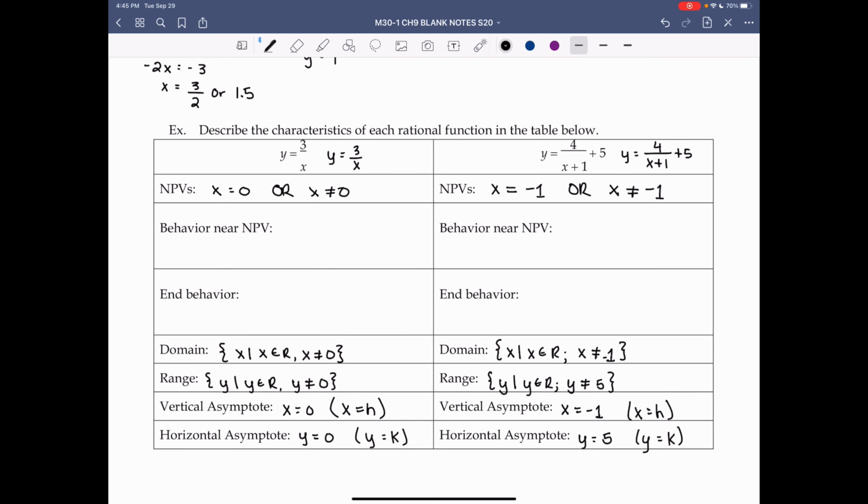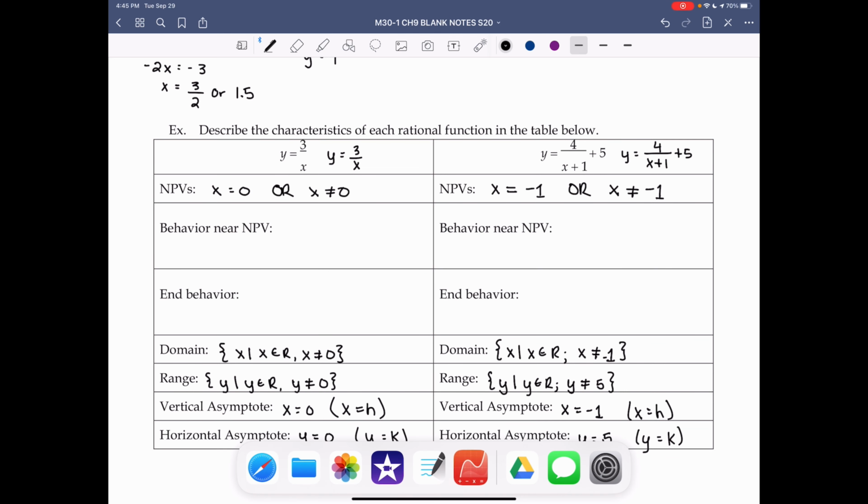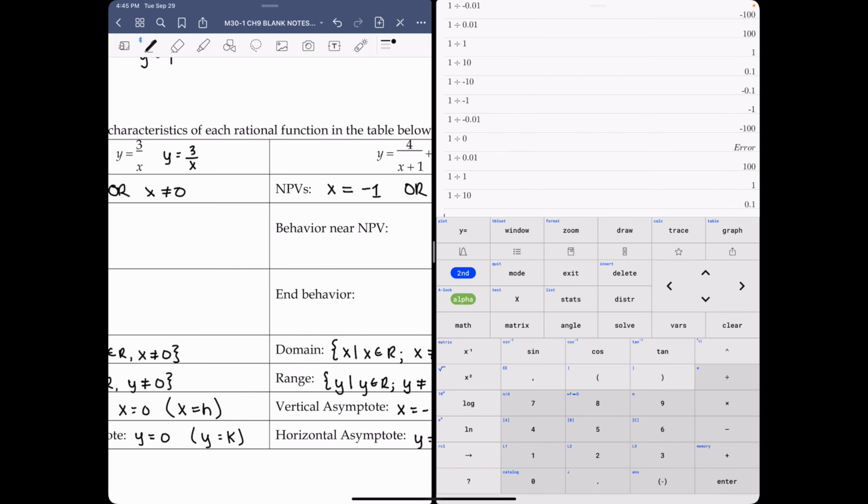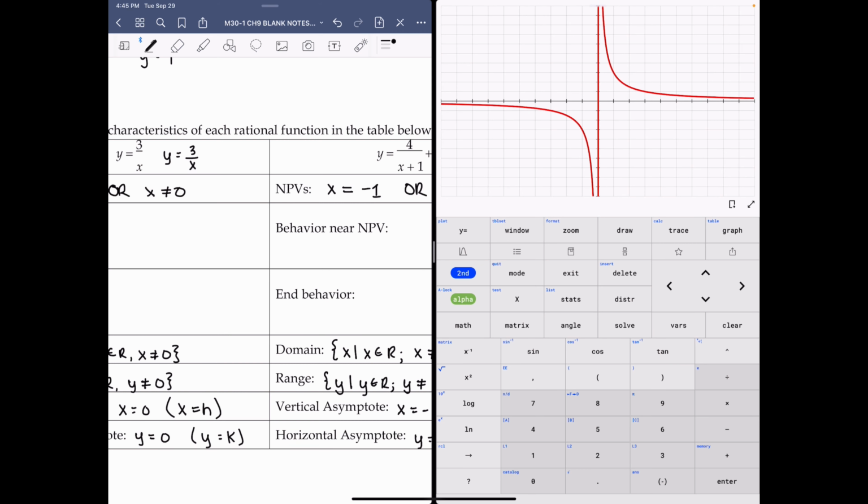Now let's discuss the behavior near the NPV. I'm going to graph the function y equals 3 divided by x. Here's what we get. Oftentimes when we graph rational functions, it kind of looks like they're connected.